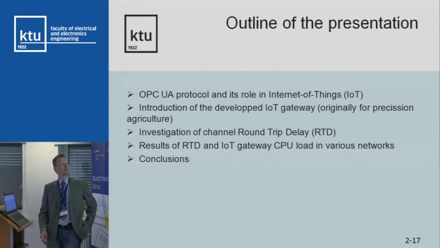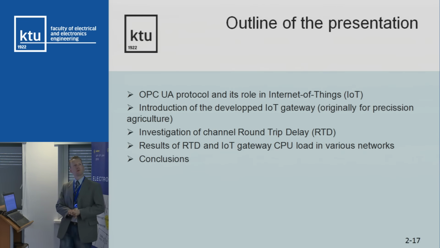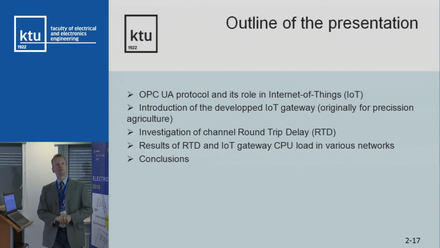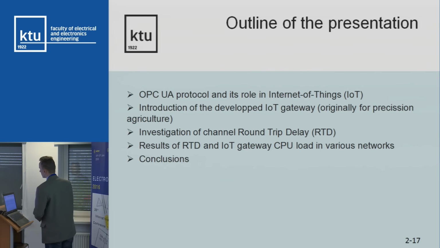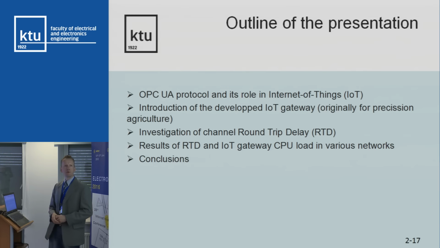My presentation will include a short introduction of the OPC UA protocol and its role in the Internet of Things. Then I will say several words about the Internet of Things gateway, which was developed at our department, and we use that equipment for experimenting and estimating the round-trip delay.